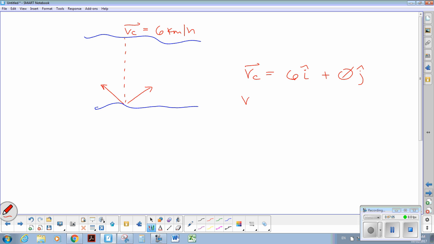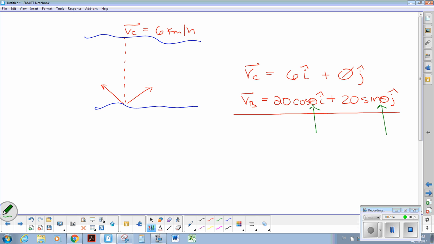So our velocity of boat is still going to be 20 kilometers an hour cos theta i plus 20 sine theta j. So in this case, that angle right here will determine whether we will be adding or taking away from the current. Then that changes the question a little bit, in terms of our time we have to do a totally different calculation.